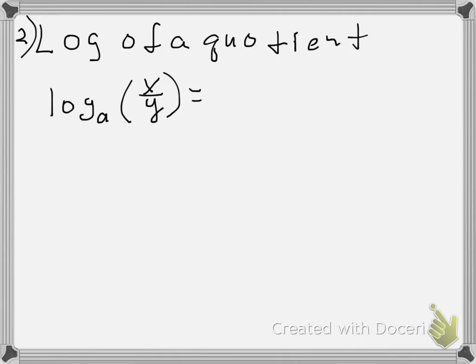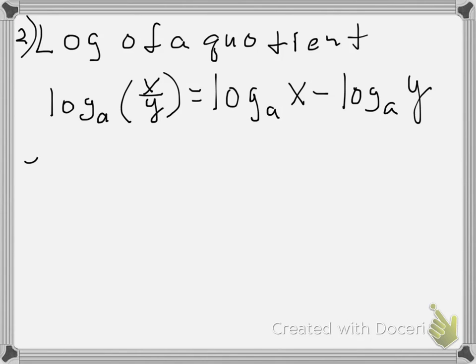Well, division is kind of the opposite of multiplication, so if you're guessing and playing along at home, this becomes the log base a of x minus the log base a of y. Yes, we subtract.